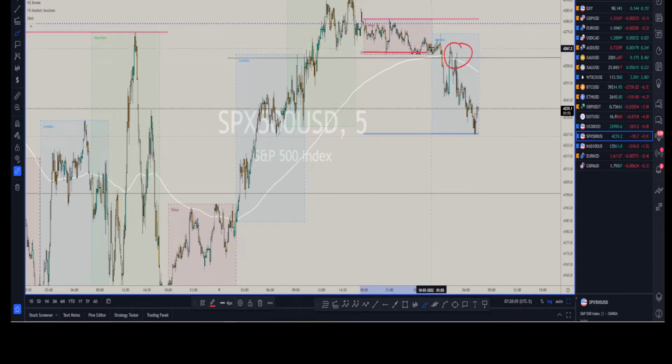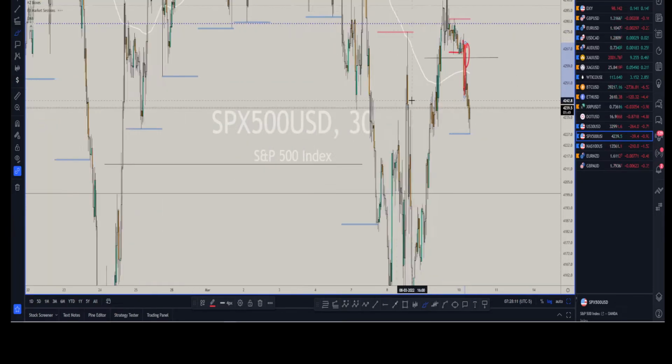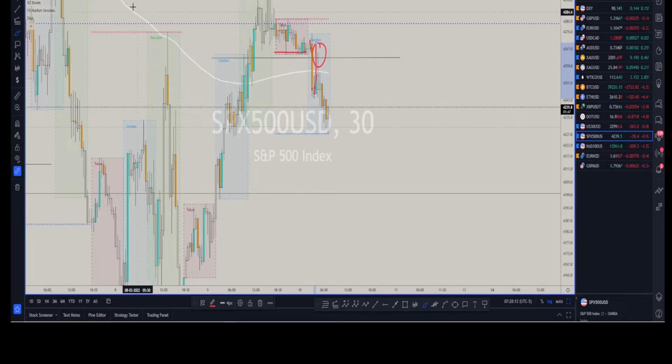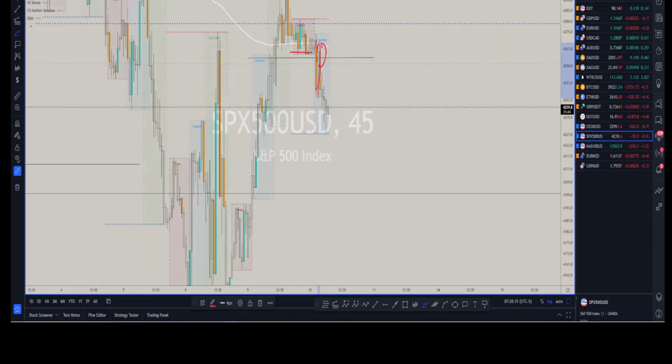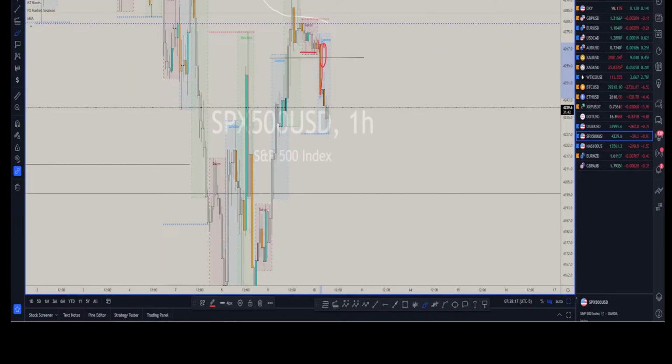Below Asian low. We broke above it. Strong move to the upside. Go to the 30-minute. Same thing. We have an engulfing. 45-minute engulfing. 1 hour engulfing. What else do you need? What are you targeting? These lows.